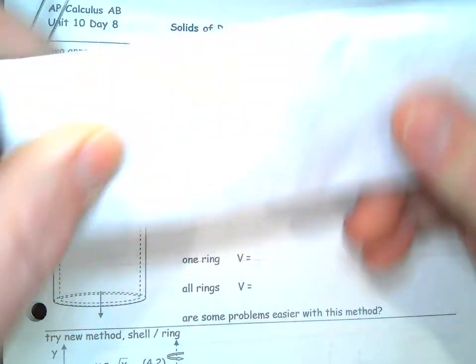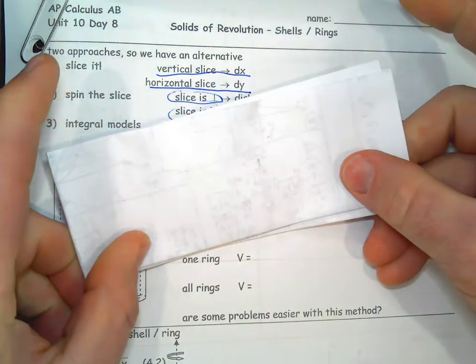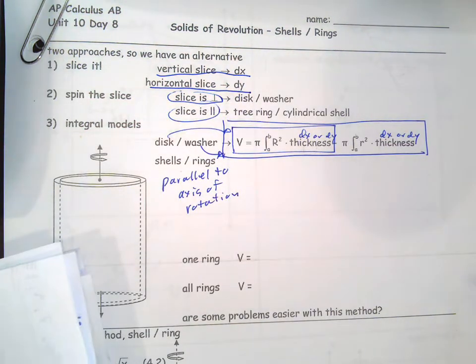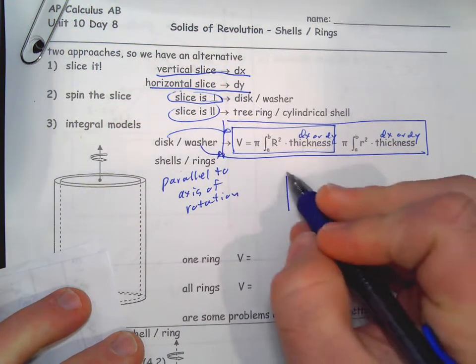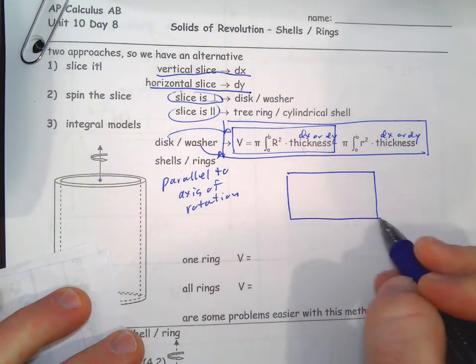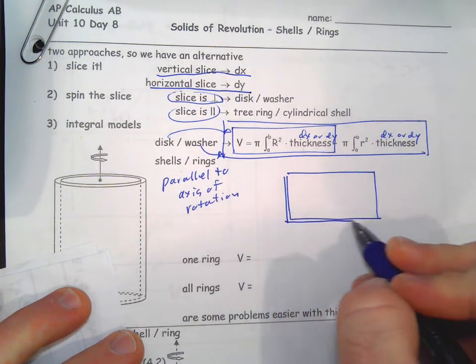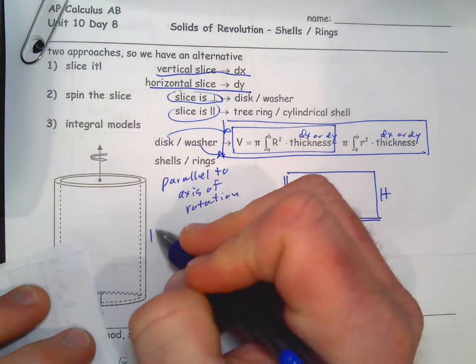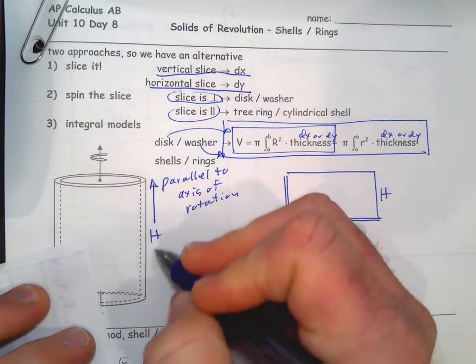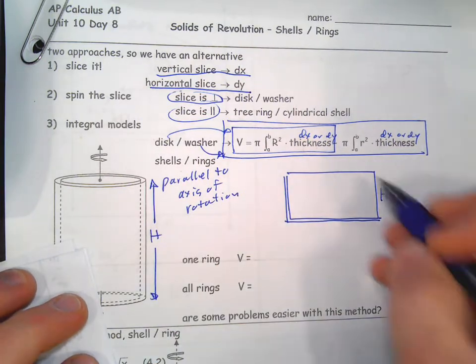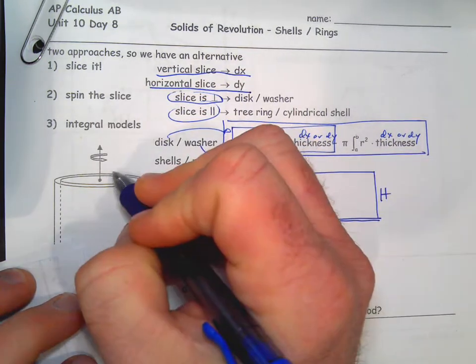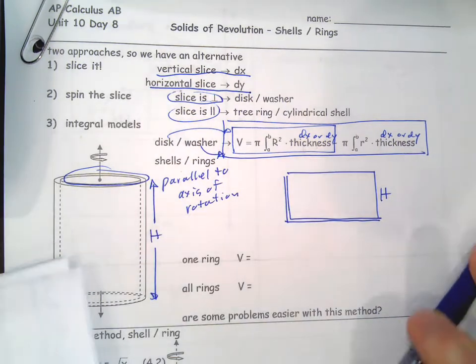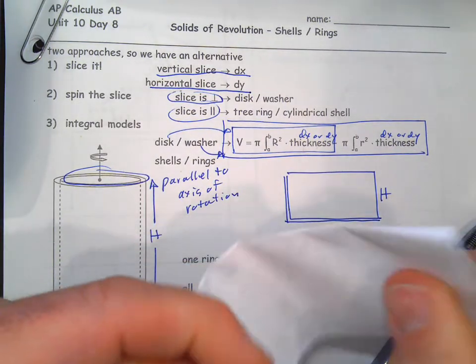So if you open this up, you just get a rectangle. So, I mean, it's simple as that. You open it up, you get a rectangle. It has a thickness still. The rectangle has the same height as the shell had. This distance up here is going to be the distance around the whole top of the original shell.